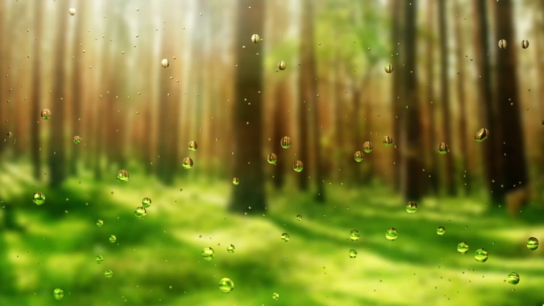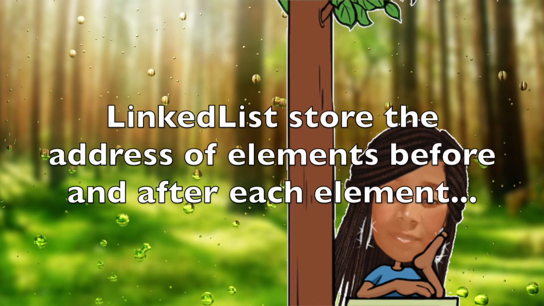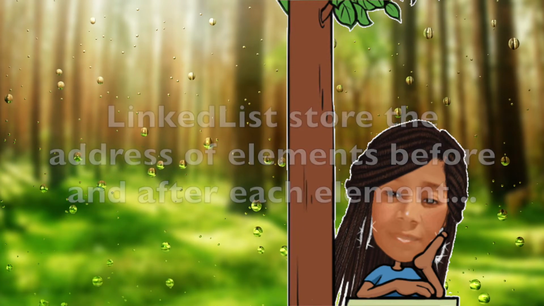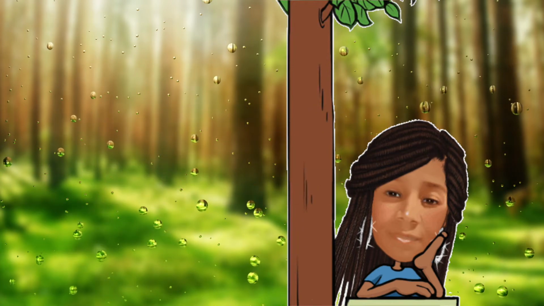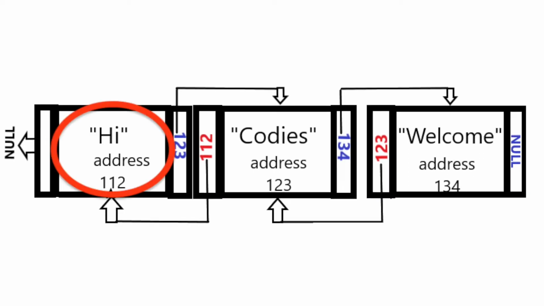To explain more, a linked list stores the addresses of the elements before and after each element. So here's an example. Just to explain what's going on here, hi is the first element. As you can see, there is no element before it.